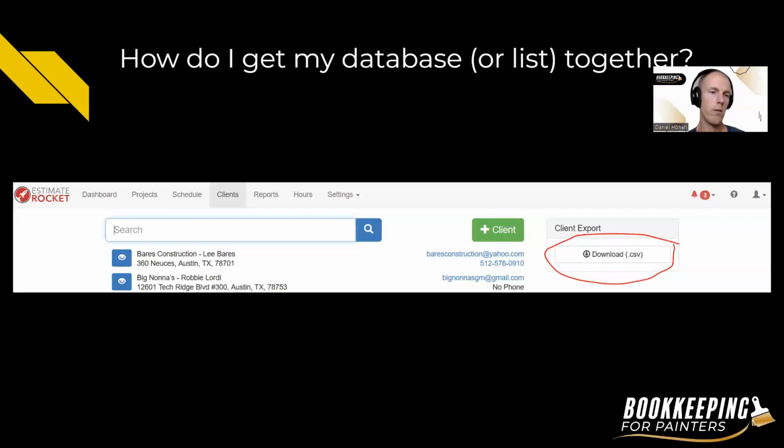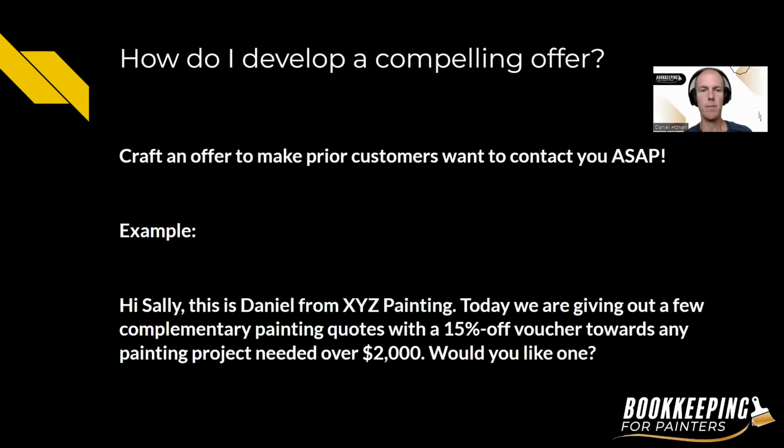Or your CRM, like Estimate Rocket, Paint Scout, or Drip Jobs, has lists of names and numbers of folks that you've worked with in the past, where you can download their names and their phone numbers.